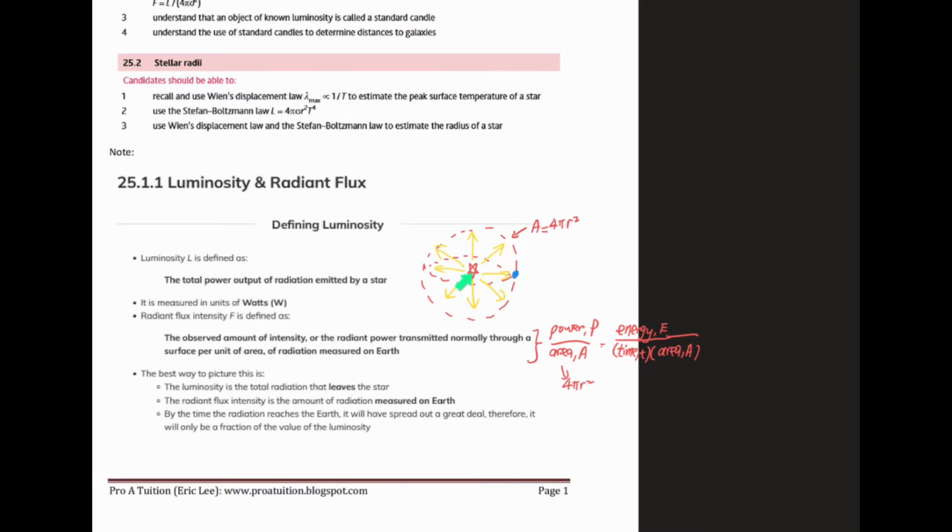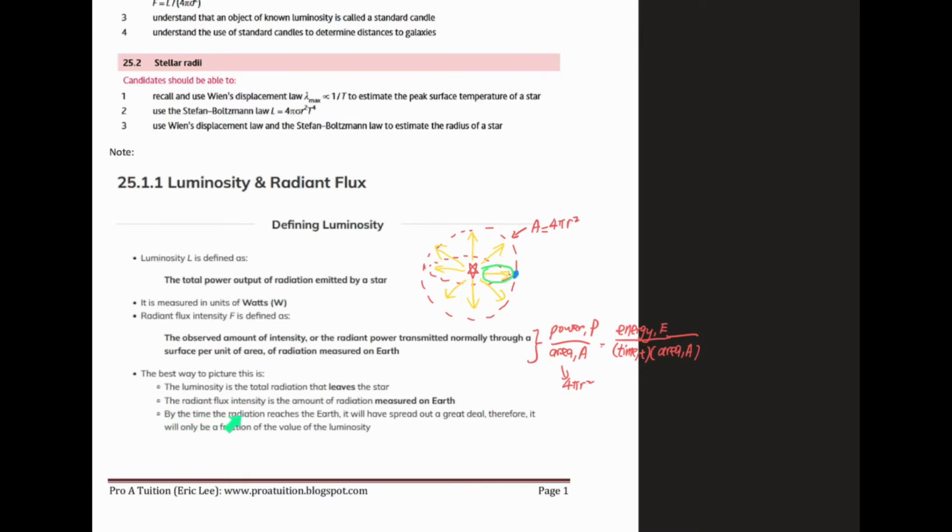Only the light in this direction reaches the Earth, and that is radiant flux intensity. It's just the green one, at 3 o'clock. Luminosity is all the yellow arrows. Radiant flux intensity is just one of these.